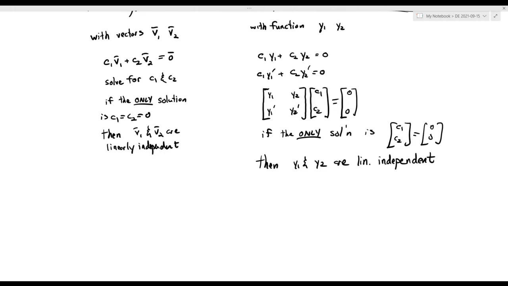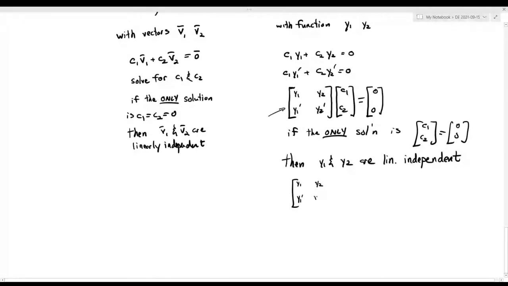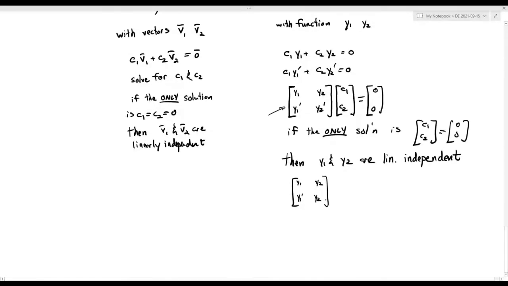Well, but in which cases do we get a unique solution to this matrix equation? It's exactly when this matrix is invertible, right? And how do we know a matrix is invertible? This matrix, by the way, is a function of an independent variable, let's say x, just to be clear.